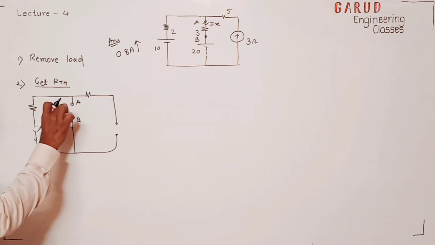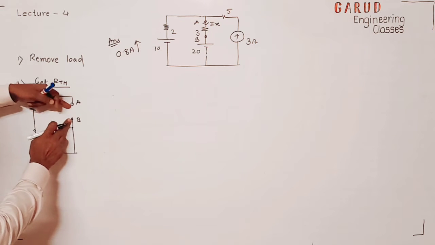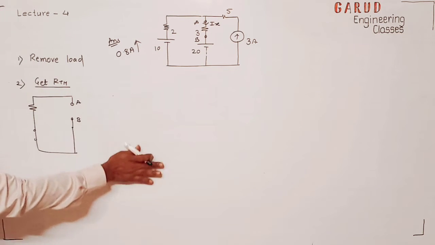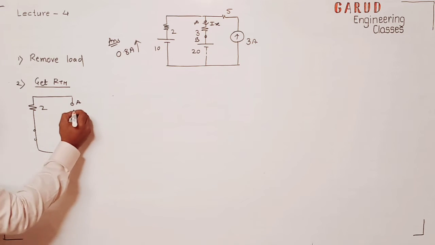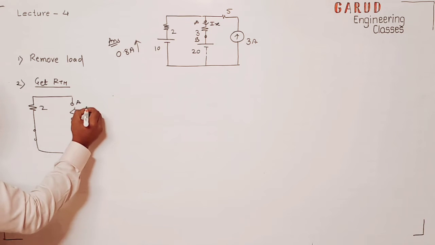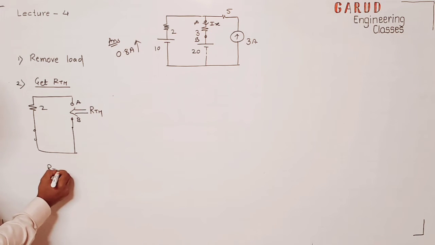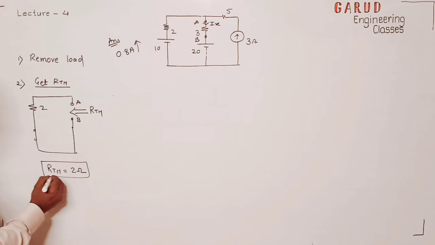So this branch we will not consider, because if you see A and B, this branch is redundant. Okay, hanging branch. So this is 2. So looking into this, what is RTH? Here I can find RTH is equal to simply 2 ohm. Okay.